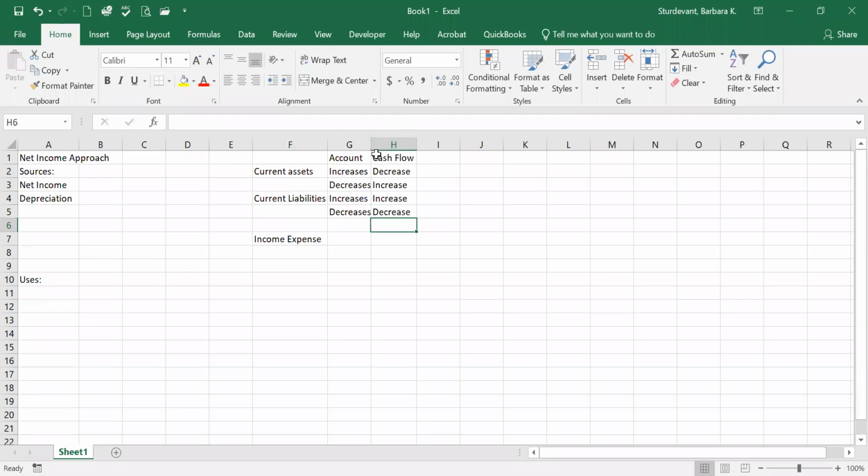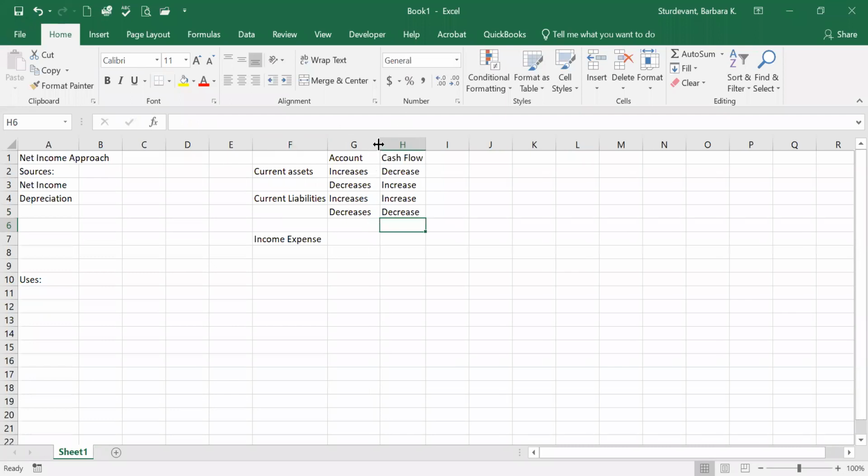Okay, and so those are the same things that you're going to look at. If the account increases cash flow, it would be a source. If it decreases cash flow, it's going to be a use. And that's where they go.